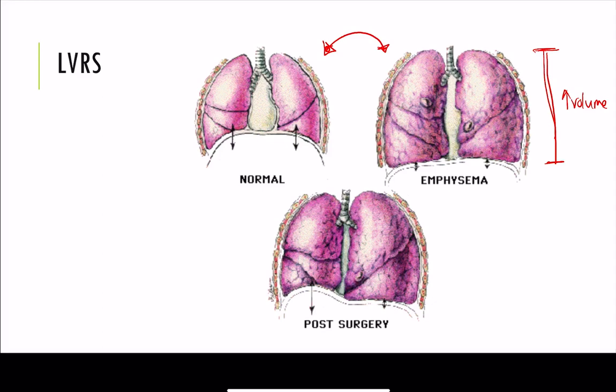So in the lung volume reduction surgery, you can see they take a chunk of the lung out. They cut out this emphysematous portion of the lung. And by decreasing the lung volume, you improve the outward elastic recoil and airway patency. So the healthy lung is less compressed and more able to take in air.